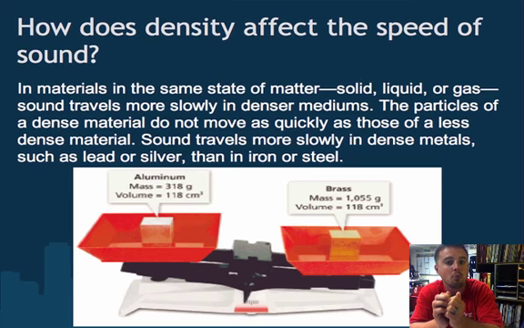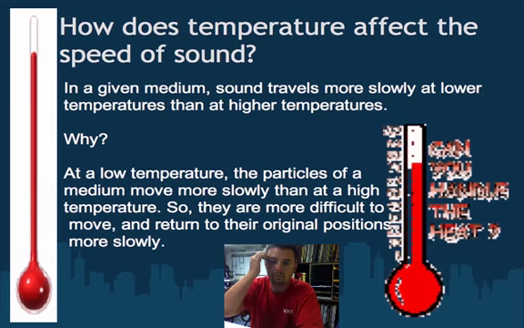Sound travels more slowly in dense metals, such as lead or silver, than in something that is less dense, like iron or steel. You can imagine that because if it's more dense, the particles are more packed in there and can't move as easily. If they don't have that elasticity and that ability to bounce and move, then it's hard for sound to travel.